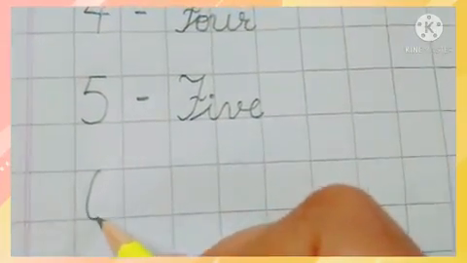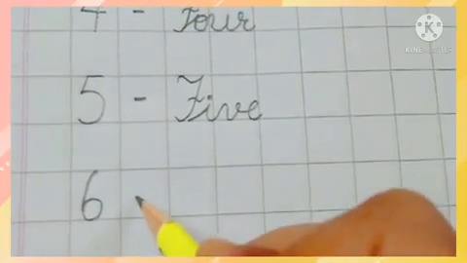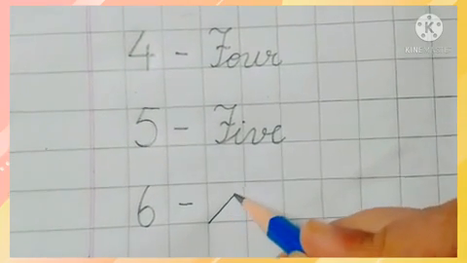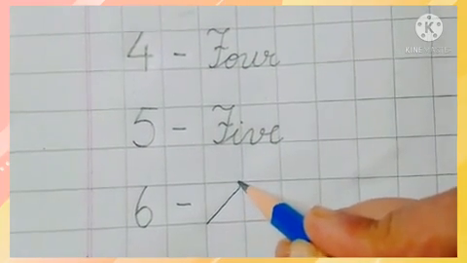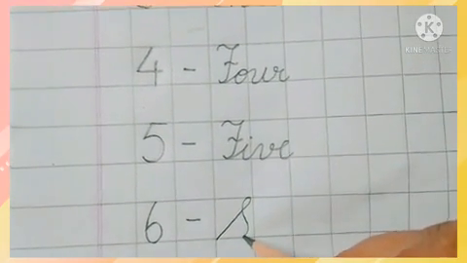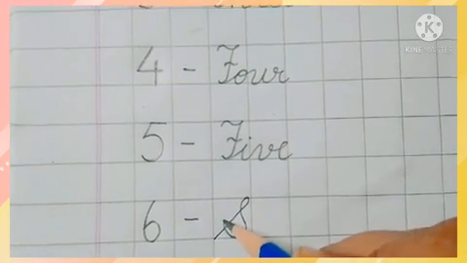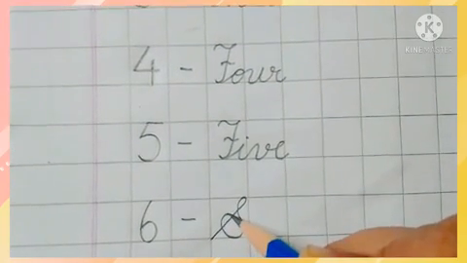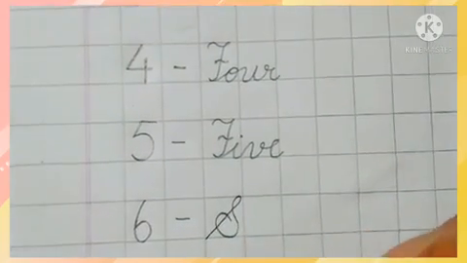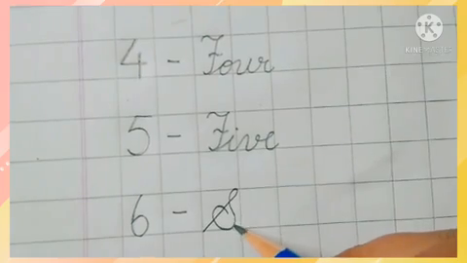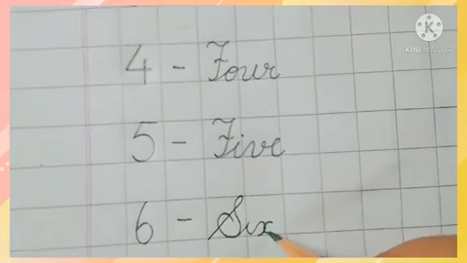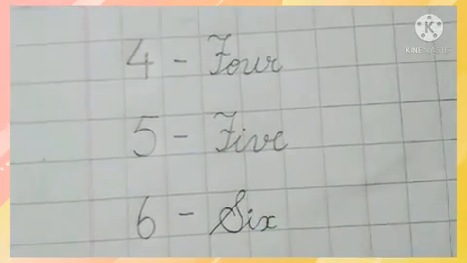6. So make a 6, put a dash, put your pencil on left side corner and then go up, curve from there. Once again you have to curve, set it on the bottom line, then go up and then take this line inside this slanting line. This is S. Now after S you will write I, X, 6.